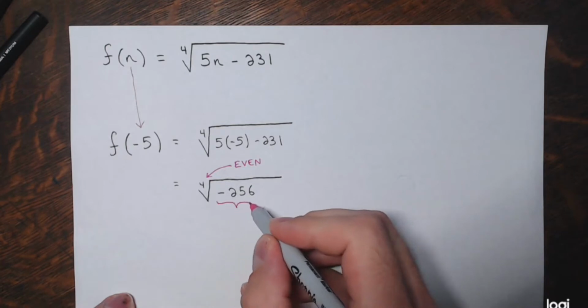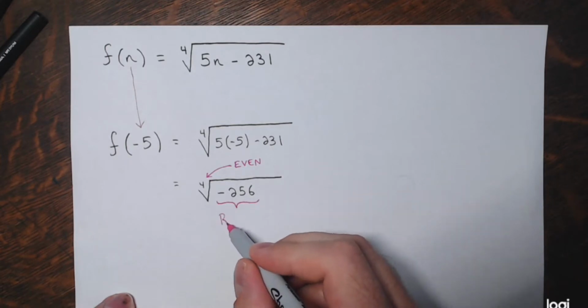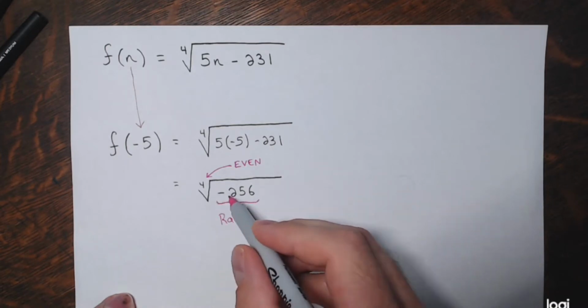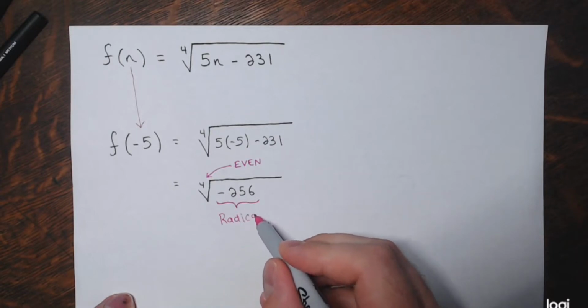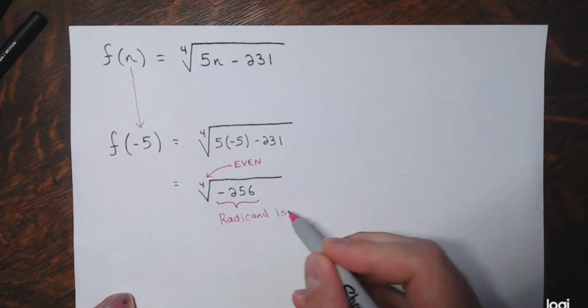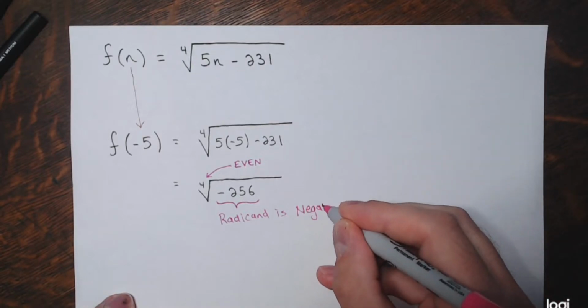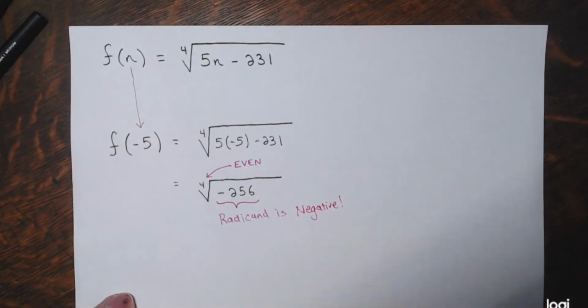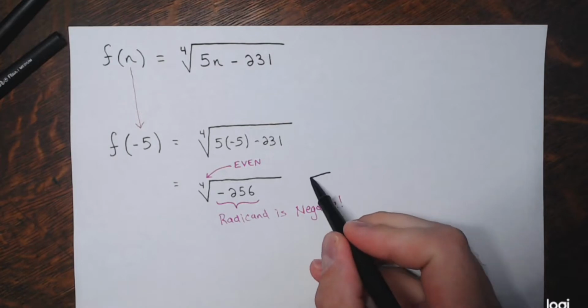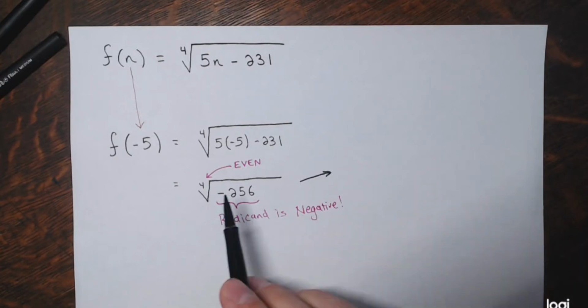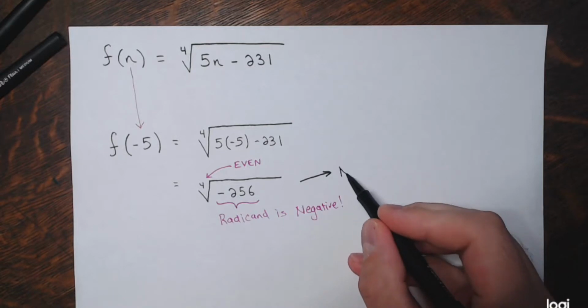And the radicand, the expression inside the radical symbol, is a negative number. We've talked about this in videos before, if you've been following along, hopefully. Remember, the even root of a negative number is not a real number.